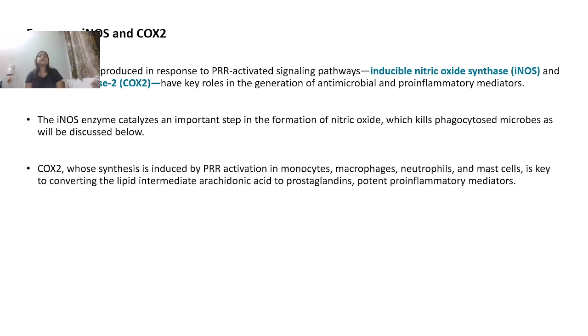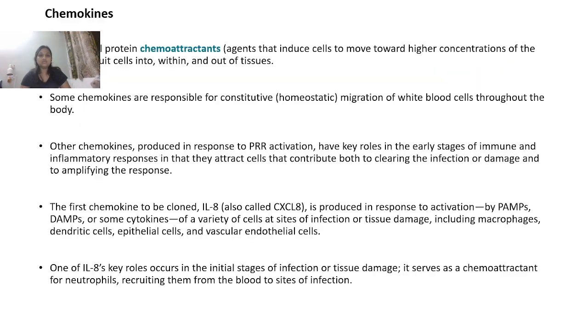The iNOS enzyme catalyzes one important step, as it is already known as inducible nitric oxide synthase. That means it is induced and it is a nitric oxide synthase. It will help in the formation of nitric oxide, which will kill the phagocytosed microbes, and I will show how it will kill.